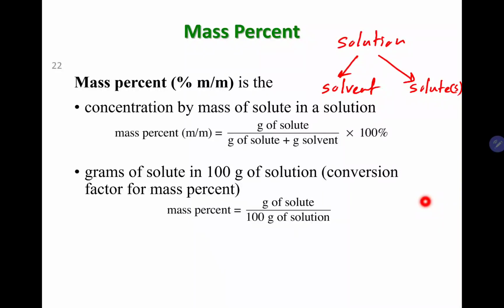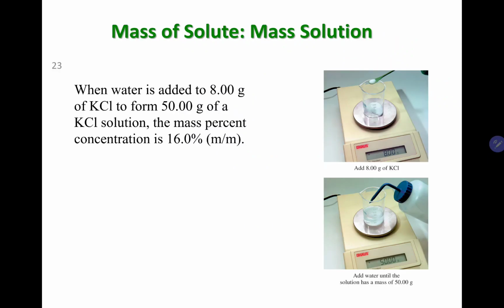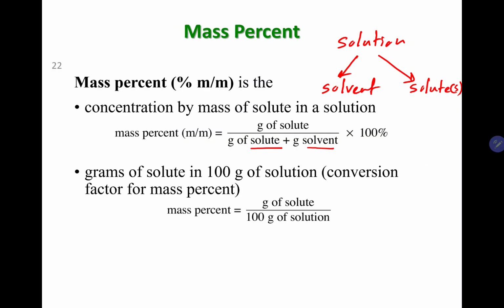So when you are considering the amount of solution, make sure that you add both solvent and solutes. That is where most people make mistakes. So the amount of solution has both solutes and solvent, and then of course you multiply it by 100% because mass percent is a percentage.